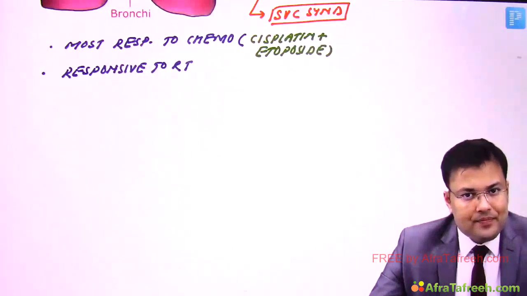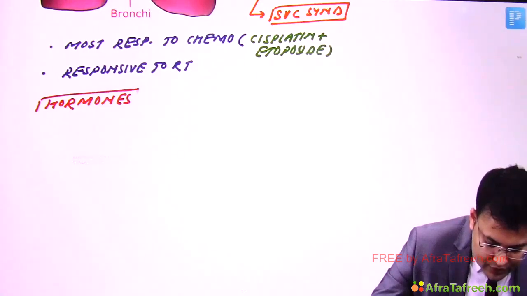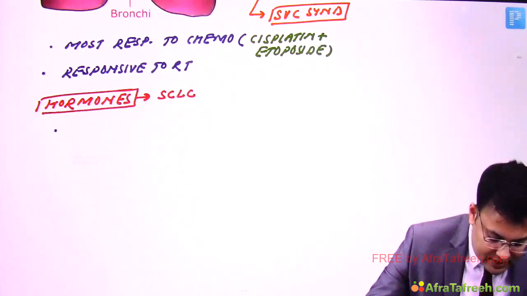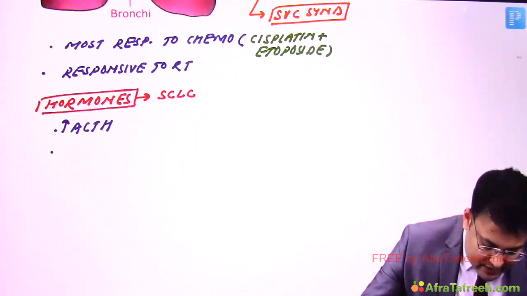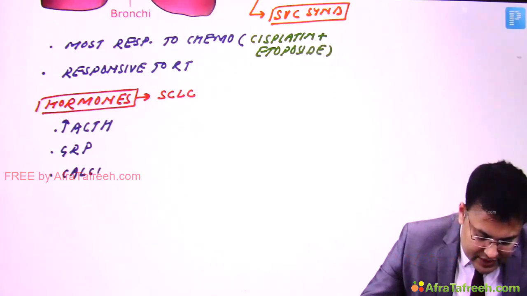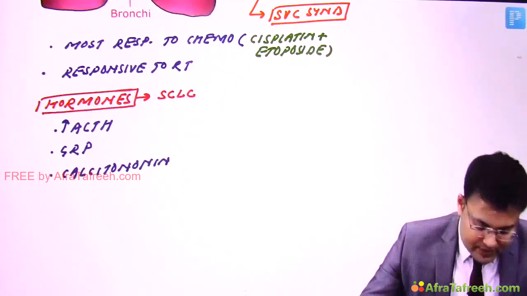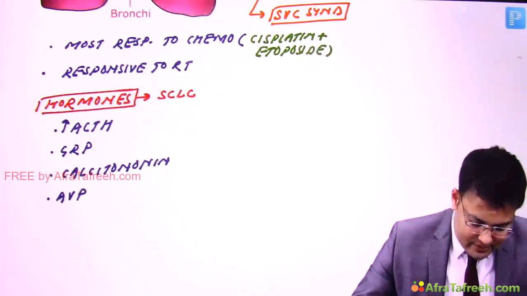Another important topic related to small cell lung cancer: what are the hormones produced? In paraneoplastic manifestations, it secretes ACTH, gastrin releasing peptide, calcitonin, arginine vasopressin, and atrial natriuretic factor.